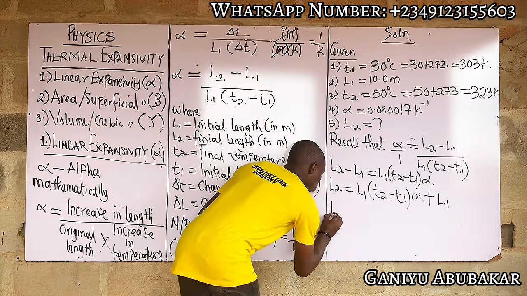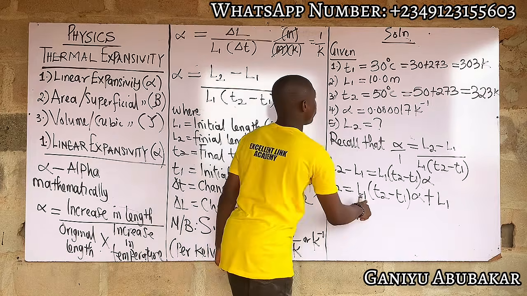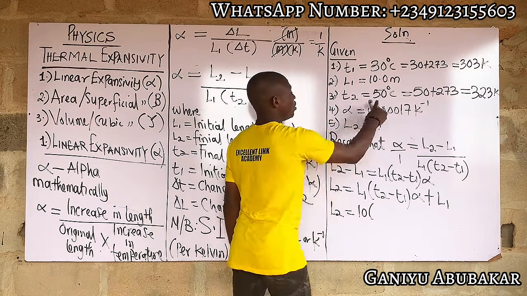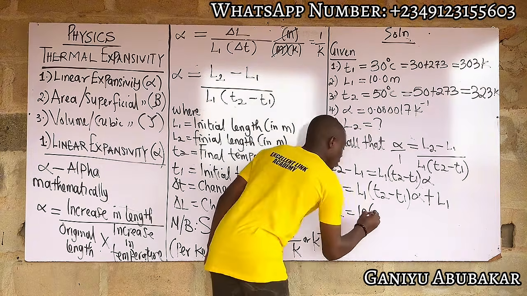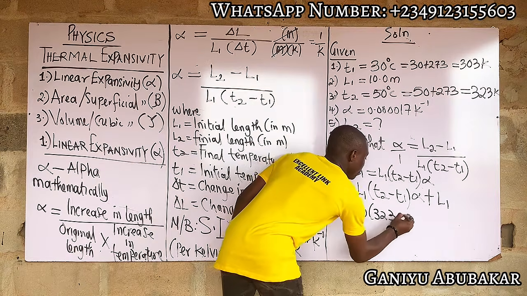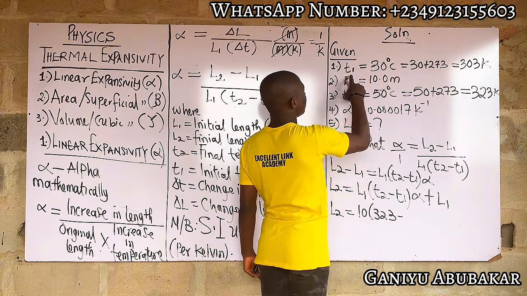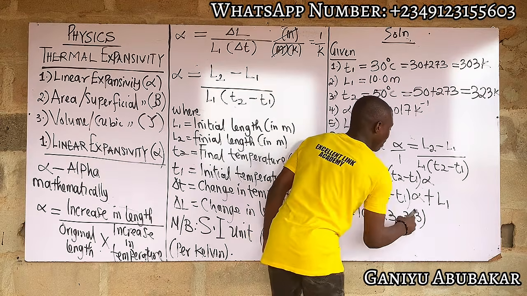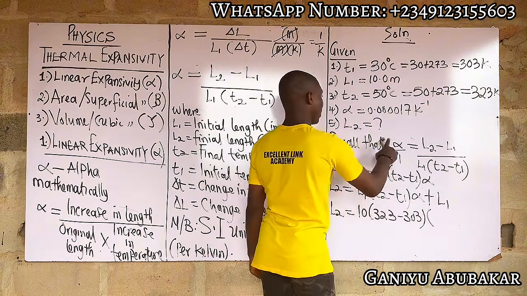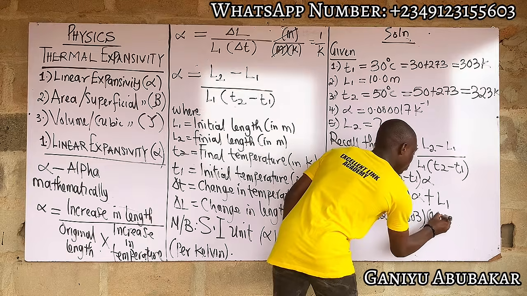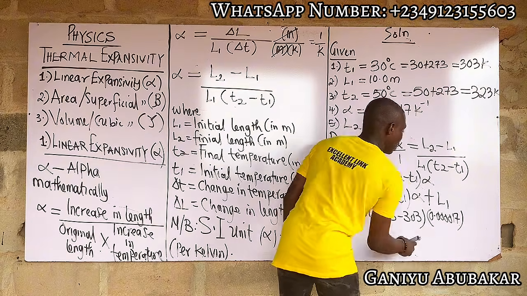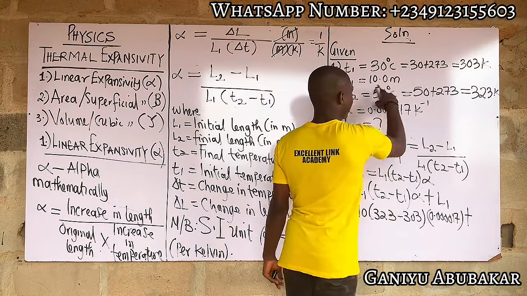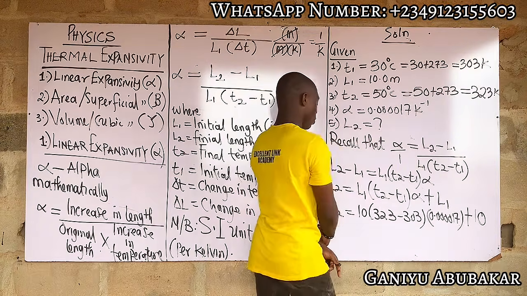So my L2 now becomes L1, that's 10, into T2, which is 323, minus T1, which is 303, multiplied by alpha, which is 0.000017, plus L1, of course L1 is 10. So let's simplify this.